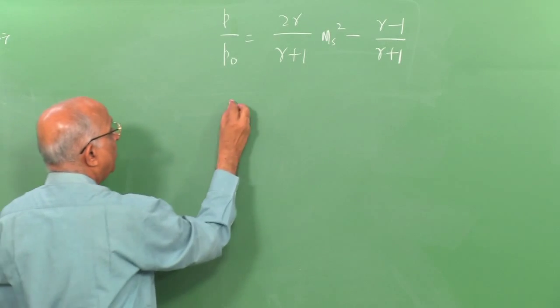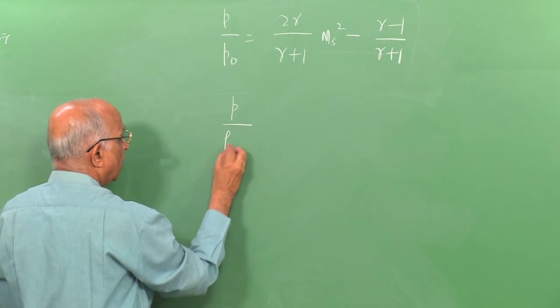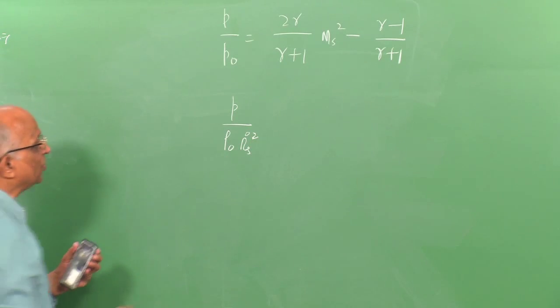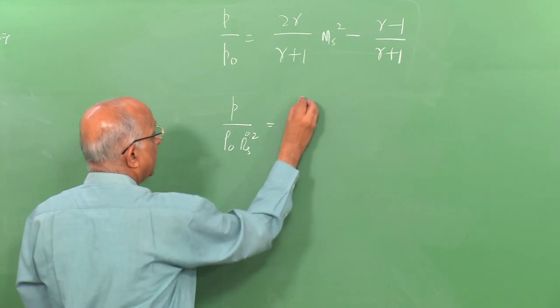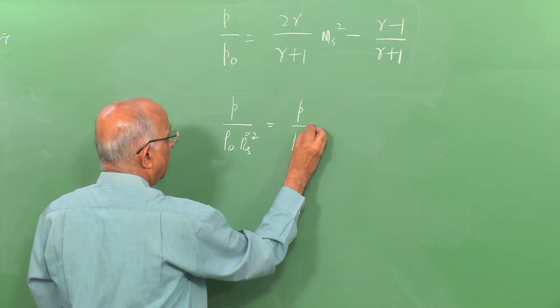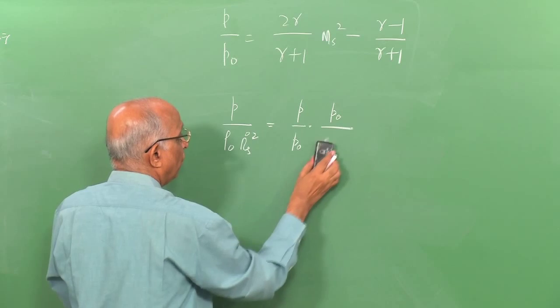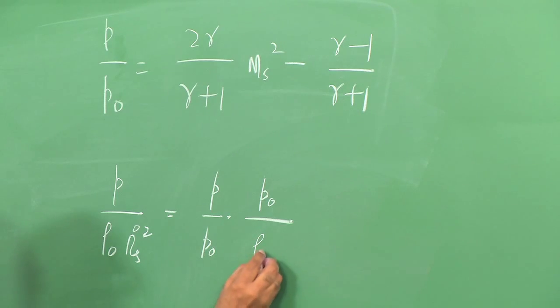And I am interested in the expression of p by the dynamic pressure associated with the shock front moving with a velocity r s dot. Therefore, I write it as p by p 0 into the value of p 0 by rho 0 into r s dot square, and now I substitute this value over here.